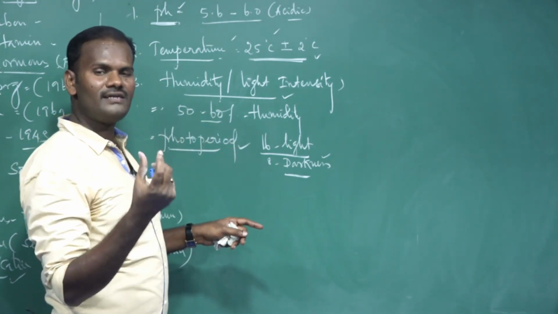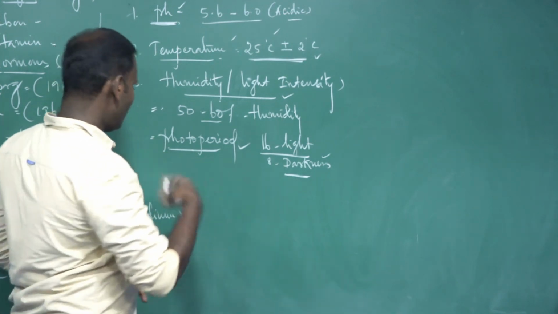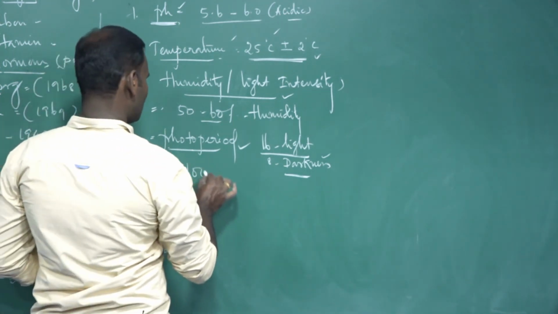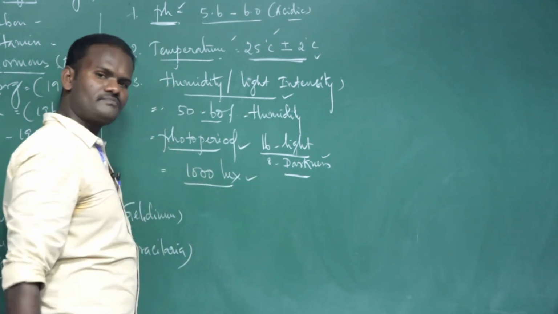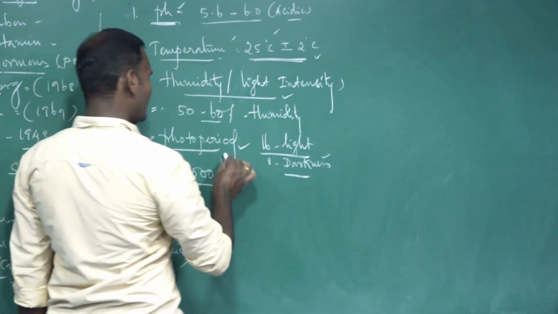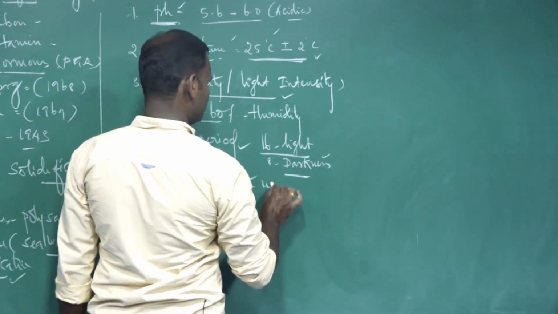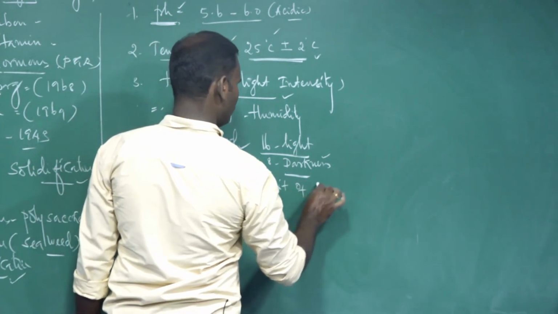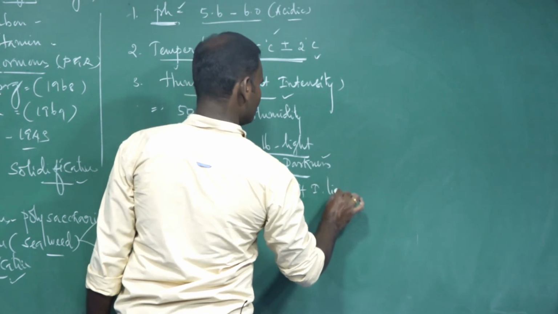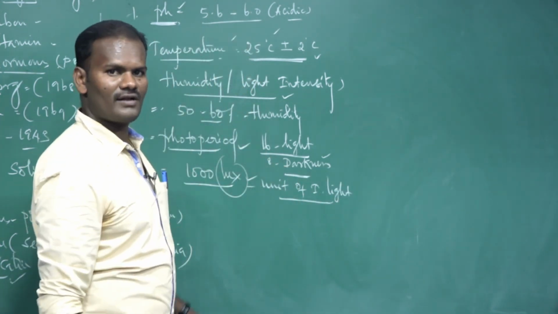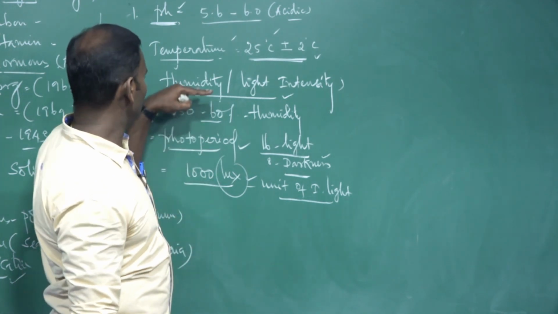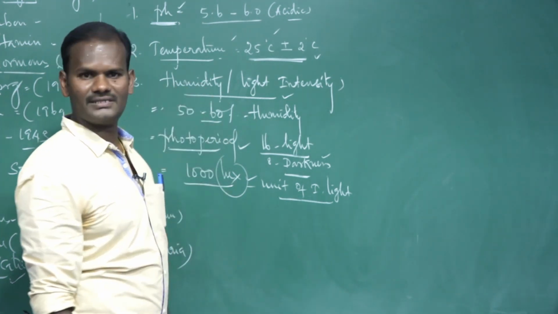Cool white fluorescent light is essential, approximately 1000 lux applied. What do you mean by lux? It is a unit of intensity of light. 1000 lux of light is essential for the growth of plant cells. So these are the humidity and light intensities.